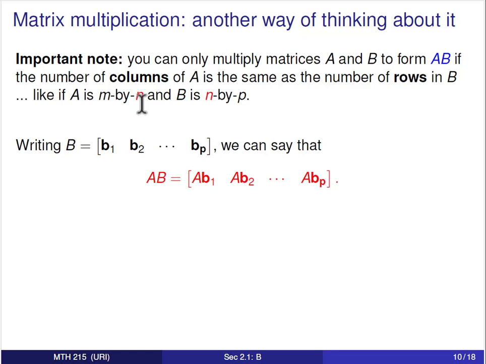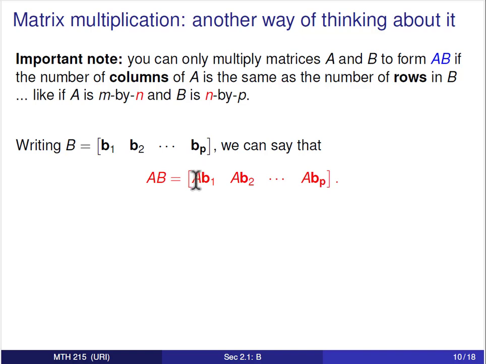But another way to think about multiplying AB is to think of B as consisting of the column vectors B1, B2, all the way through Bp. Remember, B is n by p, so there are p columns, and so p column vectors forming B. And if you wanted to compute A times B, another way of doing it would be to take the matrix A and multiply it onto each of those columns of B individually.